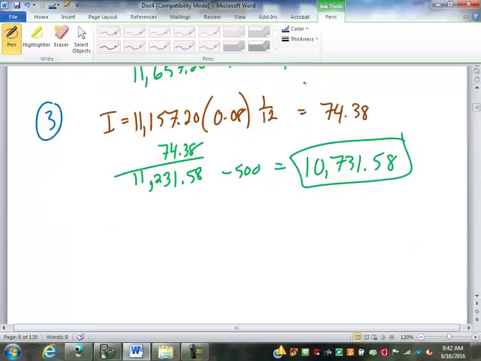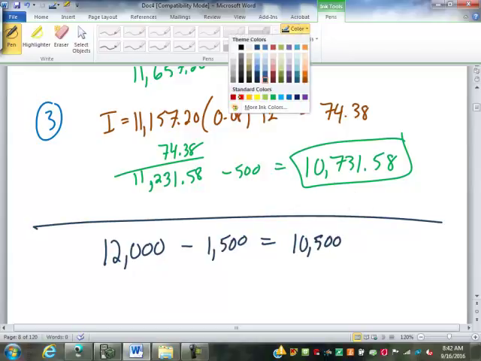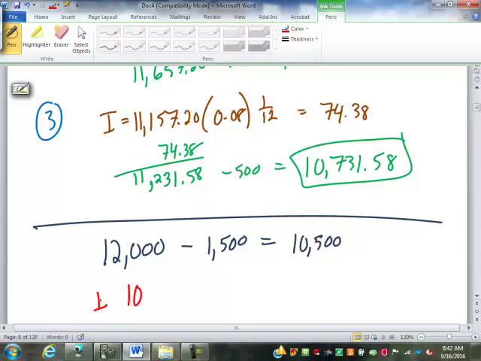Let's say I went in at the beginning of the 3 months, took my $12,000 and paid $1,500, 3 months worth of payments. That is $10,500 is my balance. At the end of 3 months, I have to charge interest now. 10,500 times 0.08 times 3/12.